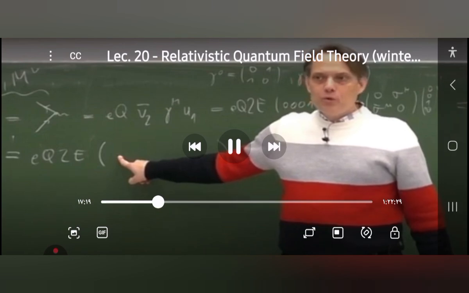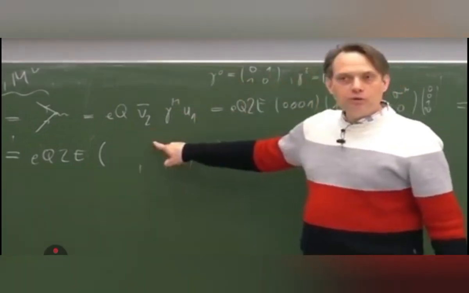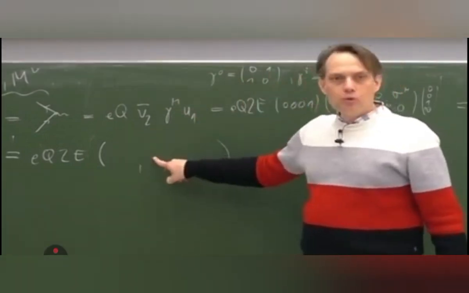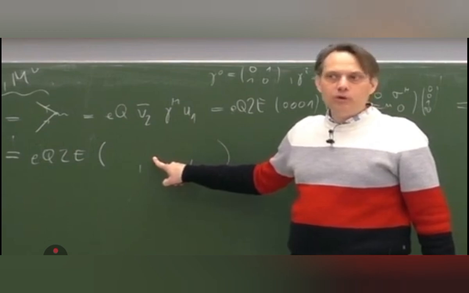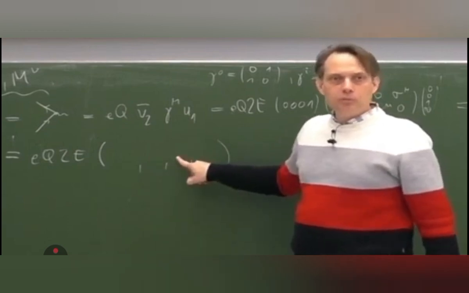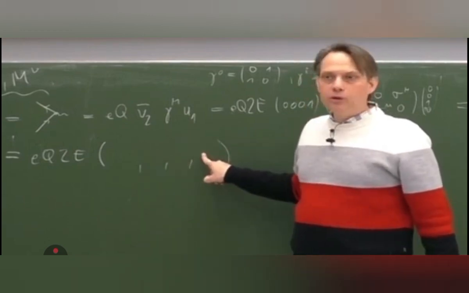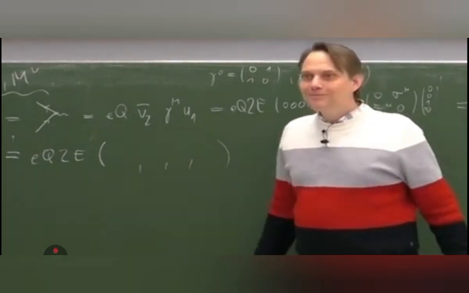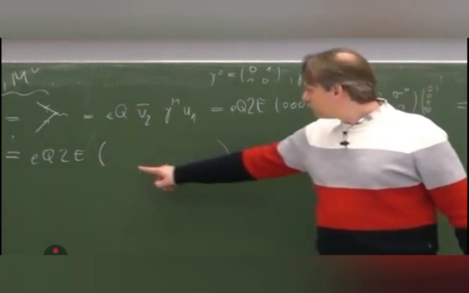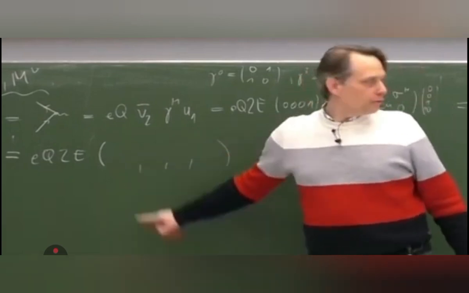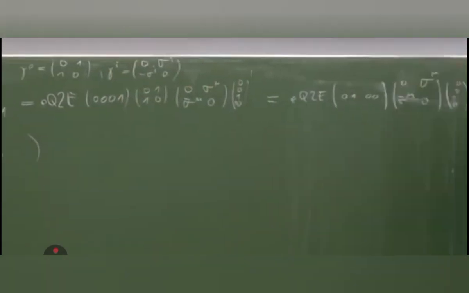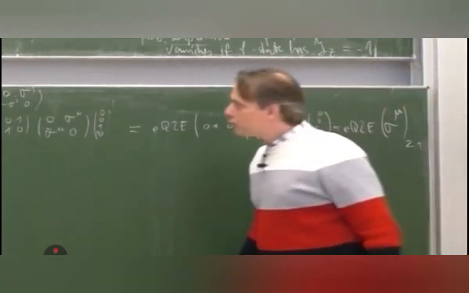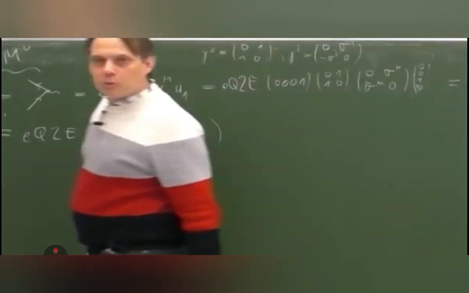Here comes the 2, 1 component of the unit matrix, here of the sigma 1 matrix, here of the sigma 2 matrix, here of the sigma 3 matrix. So what are the entries? Do it yourselves, the 2, 1 entries of this sigma mu, such that I see that you understand what we are doing.